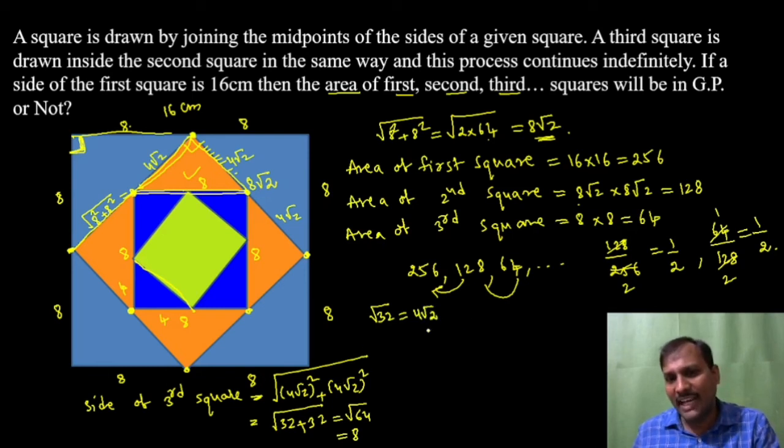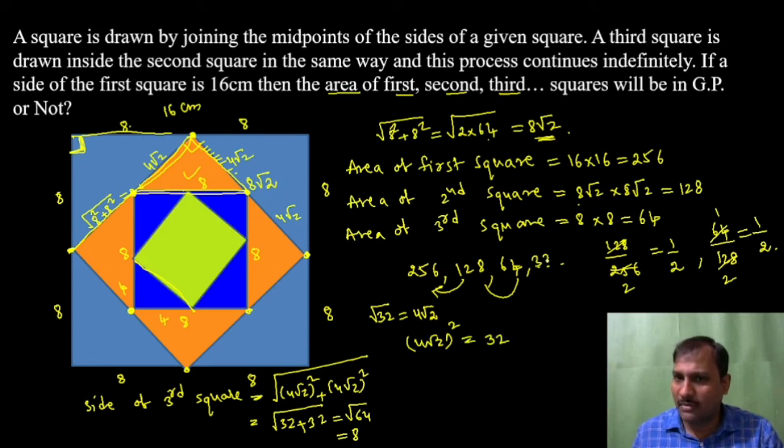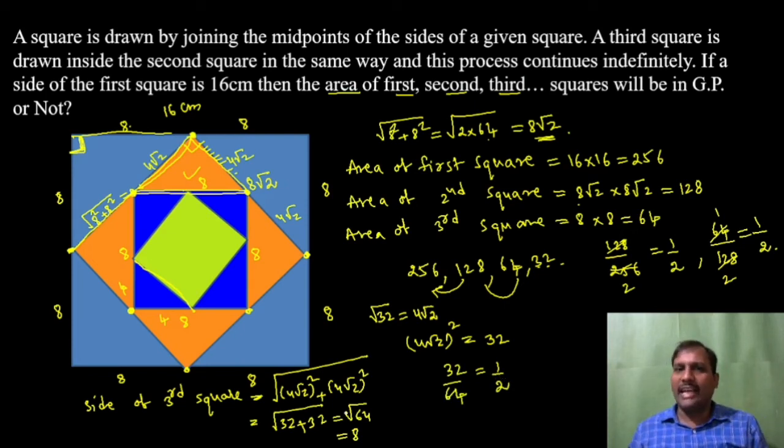Now what will be the area of the fourth square? 4 root 2 square. That is 16 into 2. That is 32. Now 32 will be here. Now 32 by 64 is what? 1 by 2. So this is also equal to 1 by 2. So clearly the areas of first, second and third squares will be in GP.